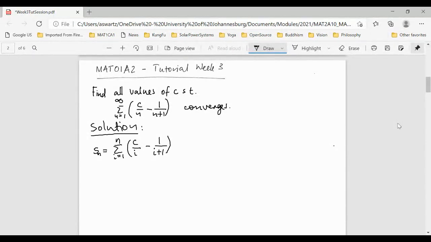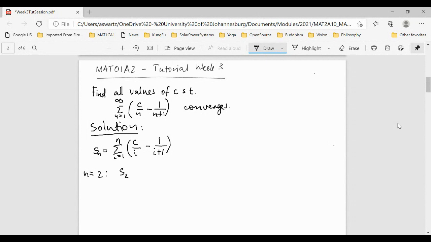So let's see what happens if we calculate this for a few values of n. What we're trying to do is look at some patterns to see if we can see a pattern emerging.